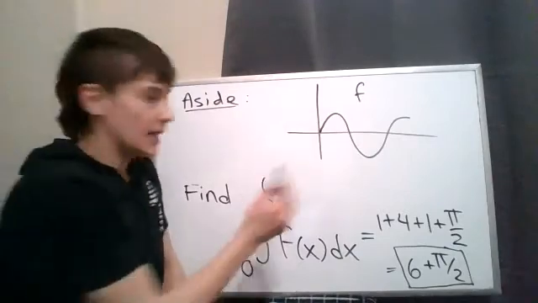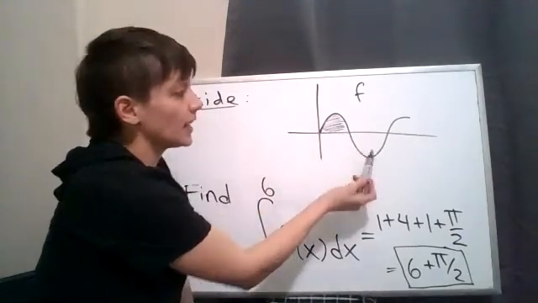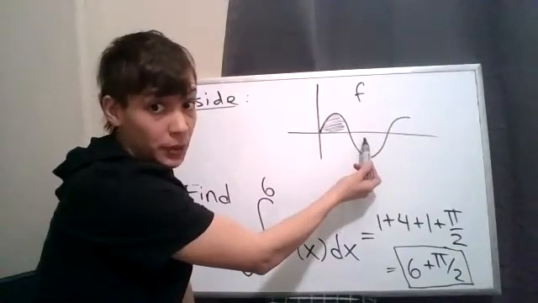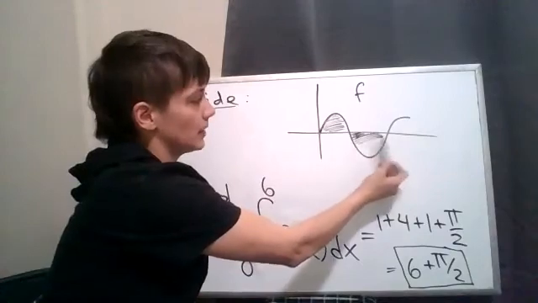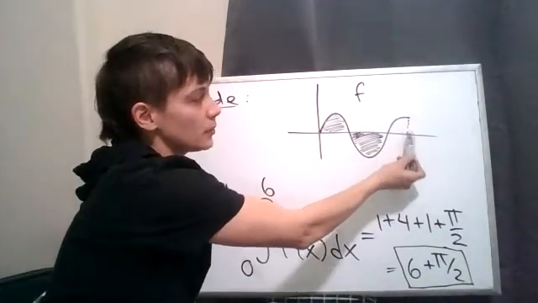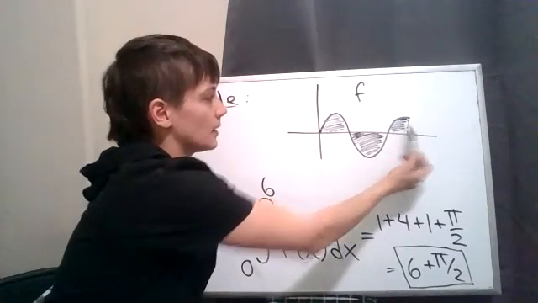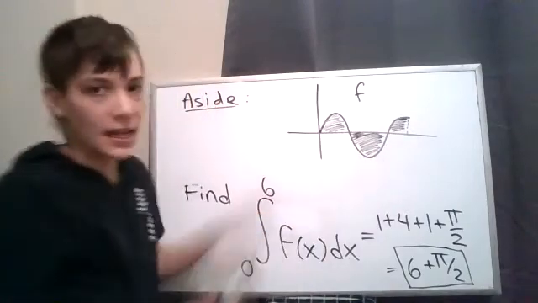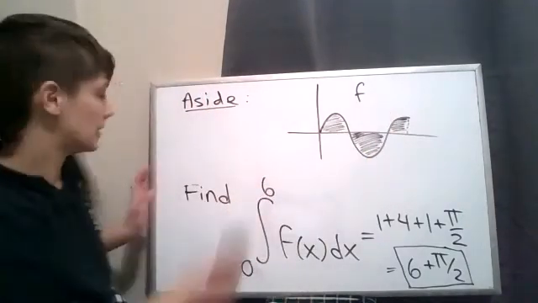Okay, we're going to take this area here, and then we're going to subtract the area that's below the x-axis. So subtract whatever this area is. But then this area that's above the x-axis, we're going to add to the overall area. So add, subtract, add, and that's going to be the integral for f of x.